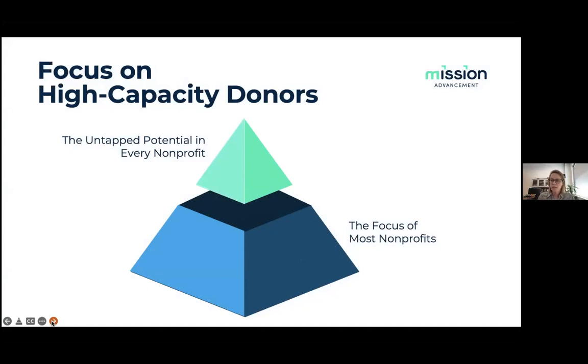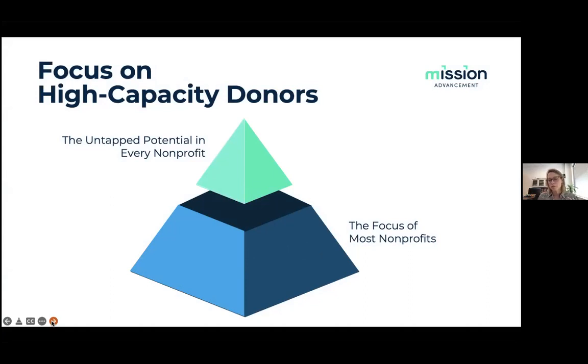They spend a lot of time planning campaigns, giving days, events, online appeals, direct mail, and those are all worthy strategies, but they do that too many times at the expense of not spending time with the people in your donor base who could really make a significant impact.